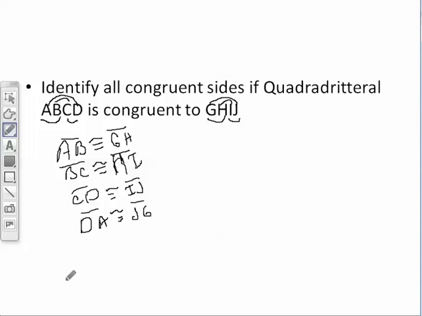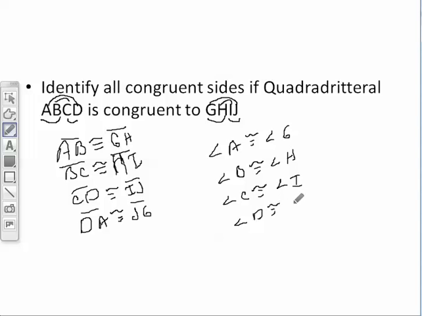Okay? From the same perspective, even without saying this, I would know that angle A is congruent to angle G. I would know that angle B is congruent to angle H. I would know that angle C is congruent to angle I. And I would know that angle D is congruent to angle J. Why do I know these things?